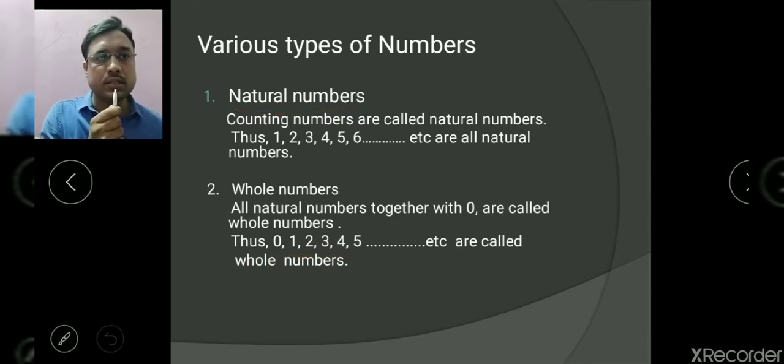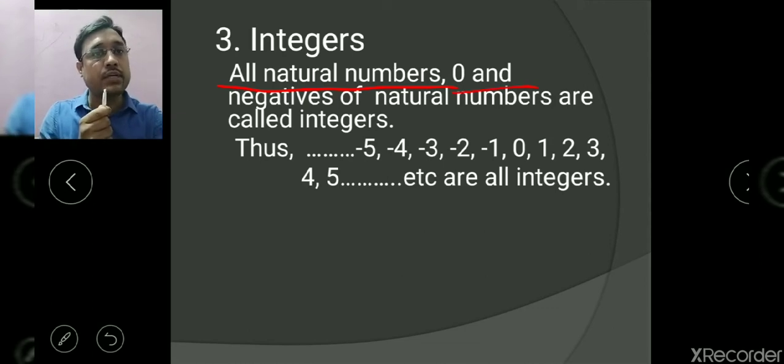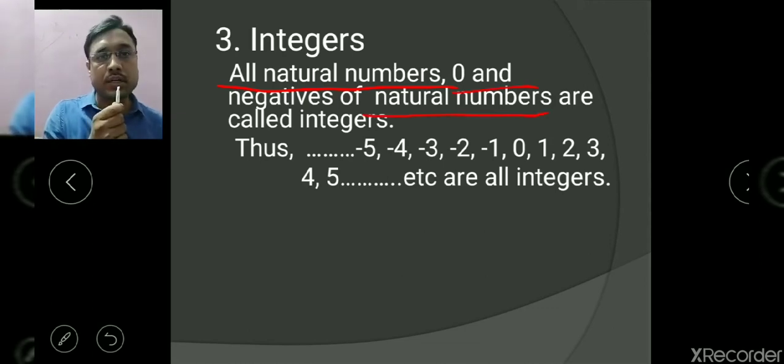Okay students, now next we have to see the set of integers. You see the definition first. Try to understand that all the natural numbers, 0 and negatives of natural numbers are called integers. We can say this also, all the natural numbers, 0 and negatives of counting numbers, because counting numbers are only the natural numbers.